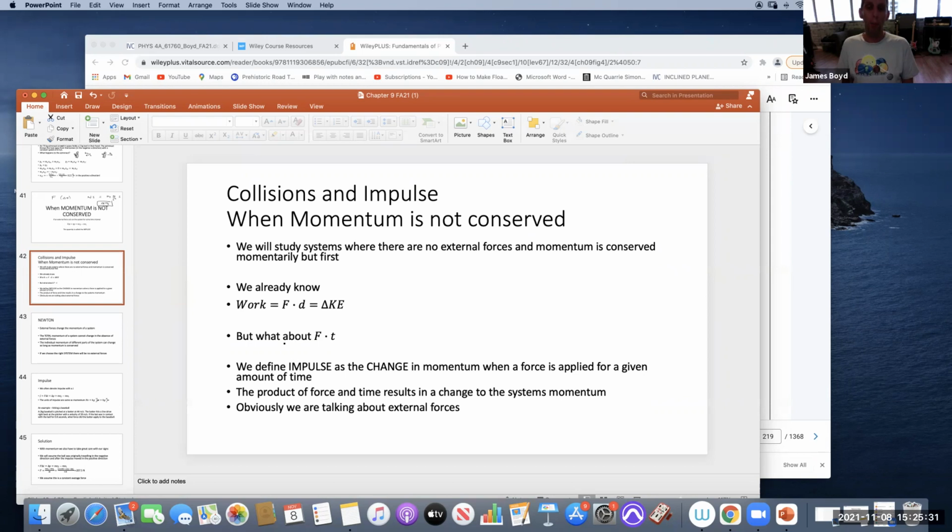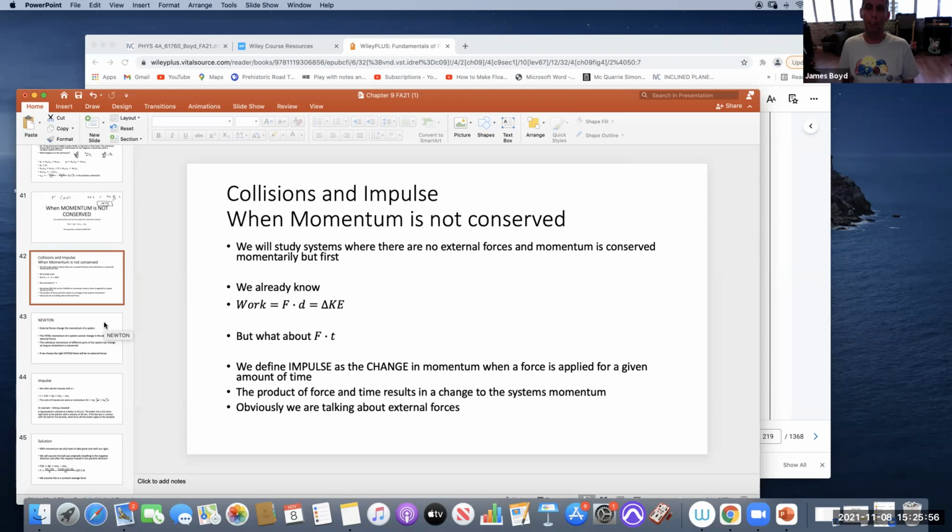We have to consider that force to be a constant average force, unfortunately. So when we're talking about a force, it will be a constant average force. Why? Because we don't want to integrate the force times time to get a change of momentum. It would be hard if you had a non-constant force.